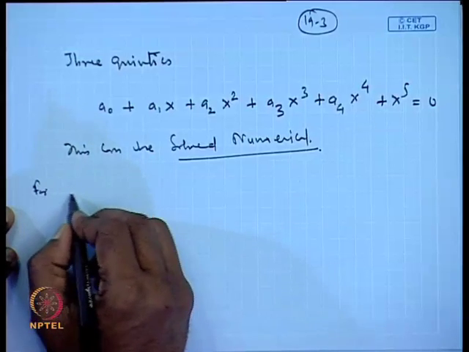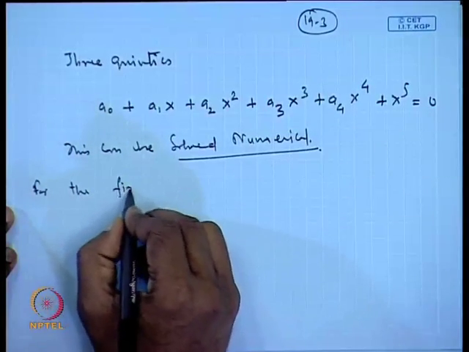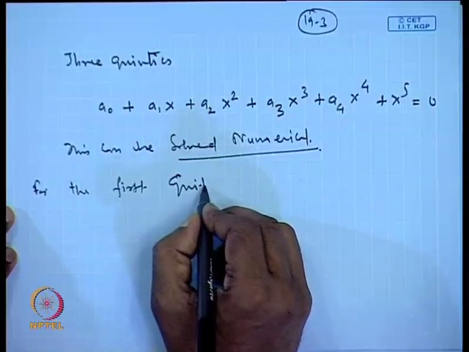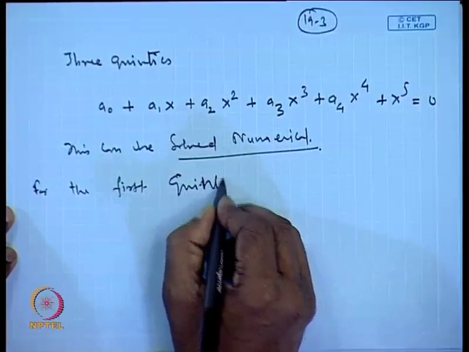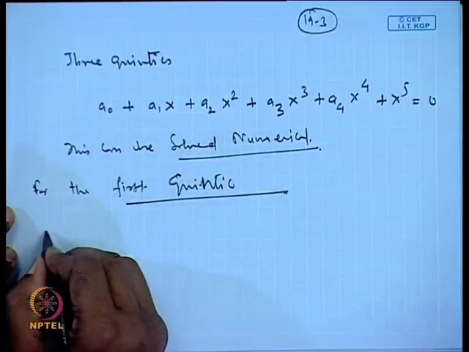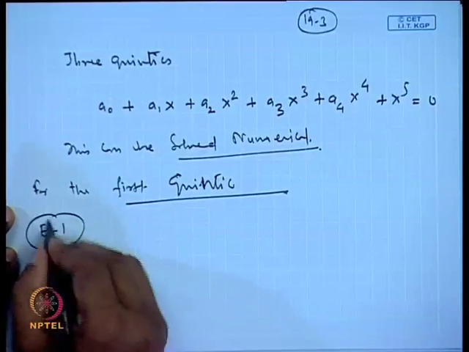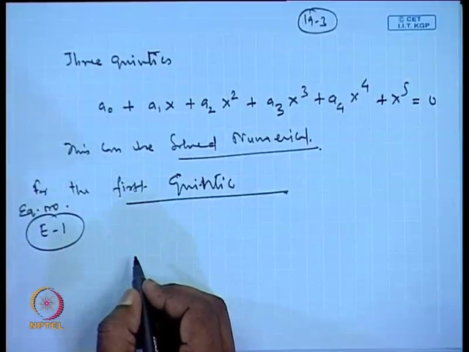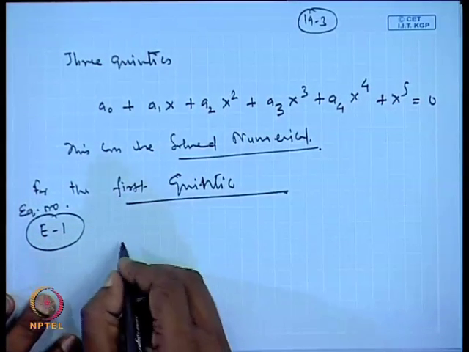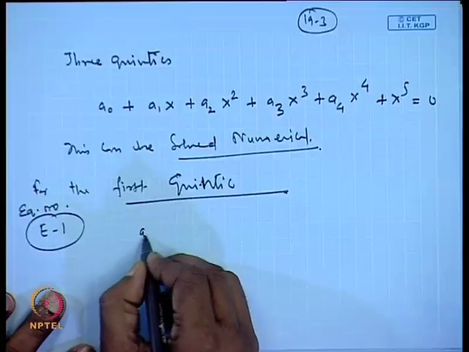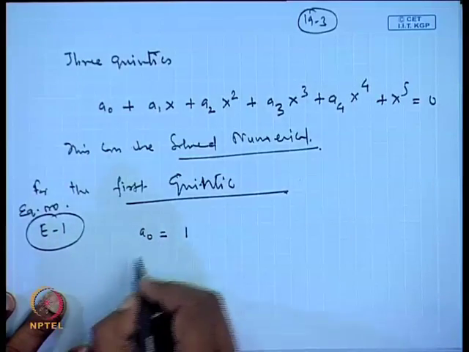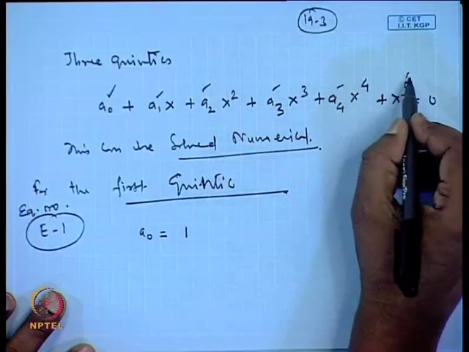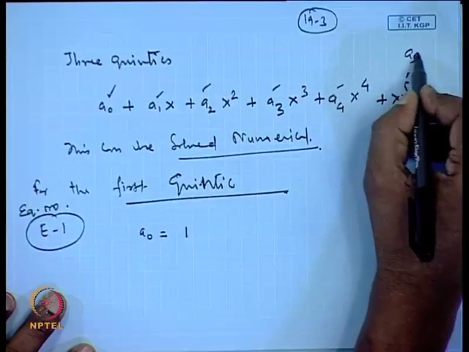For the first quintic, which we wrote as equation number E 1, the solution can be written in terms of these coefficients A 0, A 1, A 2, A 3 and A 4, and A 5 here is equal to 1.